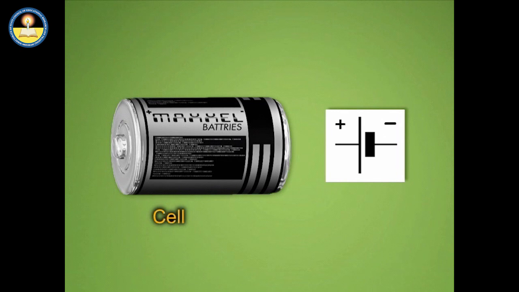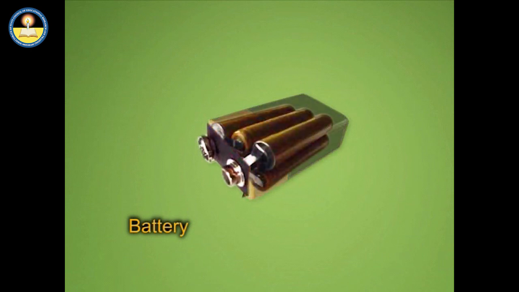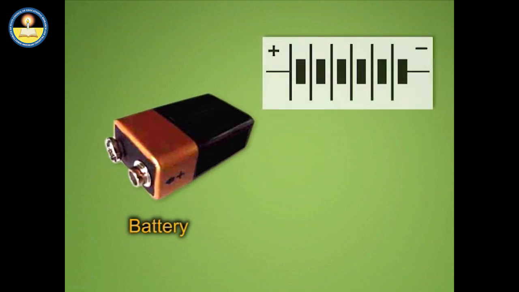These two lines are not joined together. In a battery, a number of cells connected in series are used. Therefore, a battery is represented by a series of the symbol of cell.